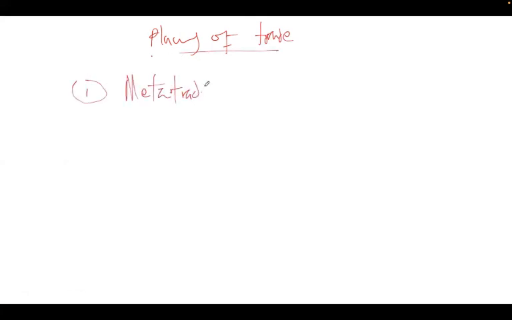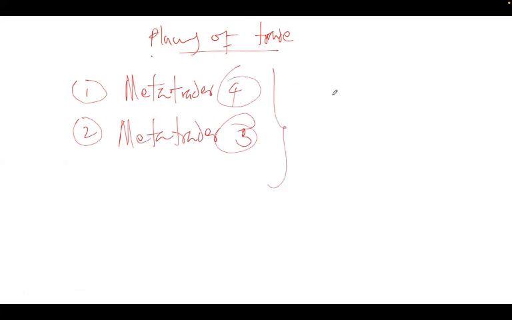For you to place a trade, you need MetaTrader 4 or MetaTrader 5. The next video will explain how to place a trade using MetaTrader 4 and MetaTrader 5, and also how to open your broker's account.